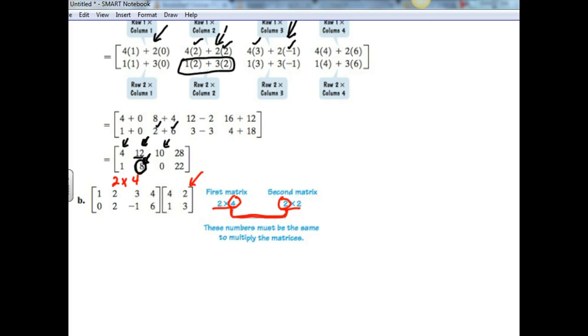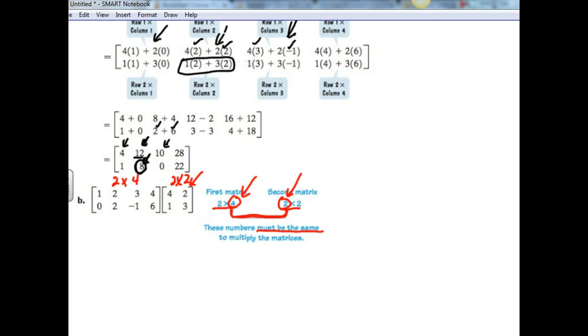These numbers must be the same or you can't multiply matrices. Since that one is a 4 and that one is a 2, we cannot multiply this matrix by this matrix. It's just impossible to do. We can't go any further with that.